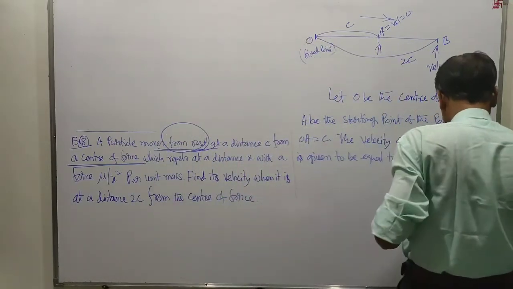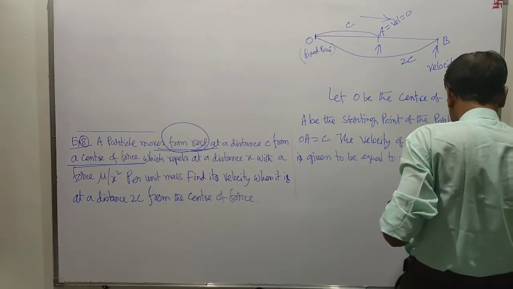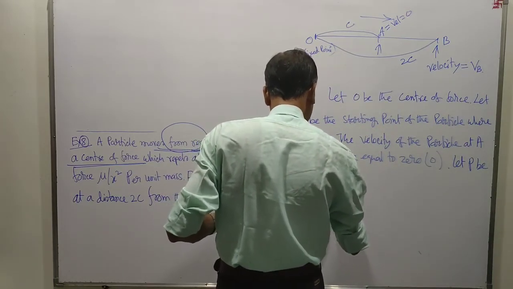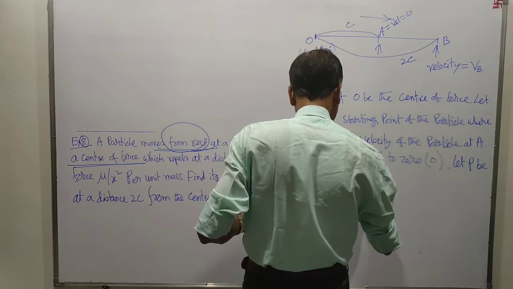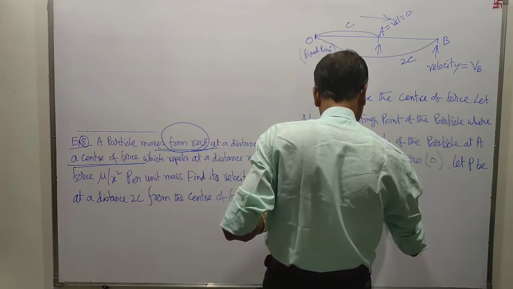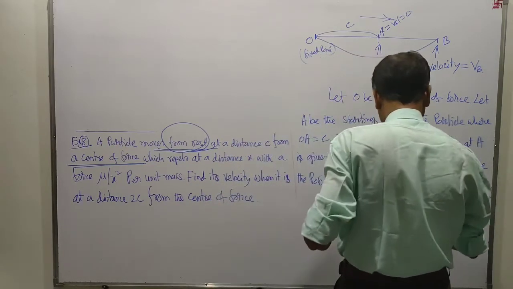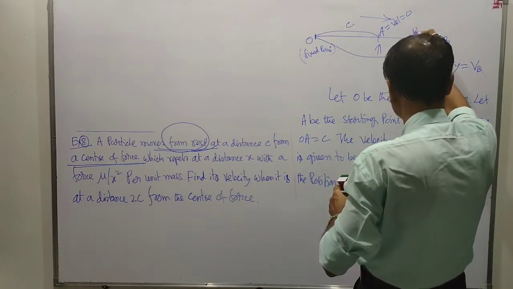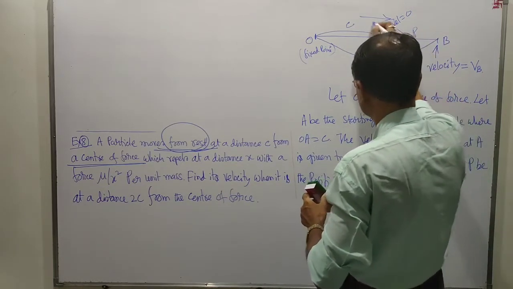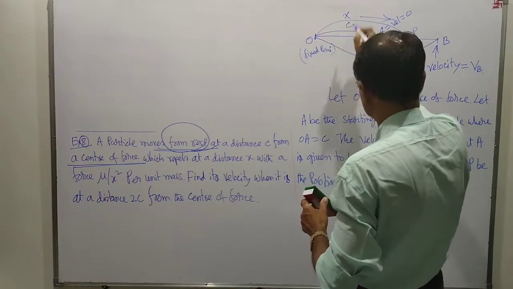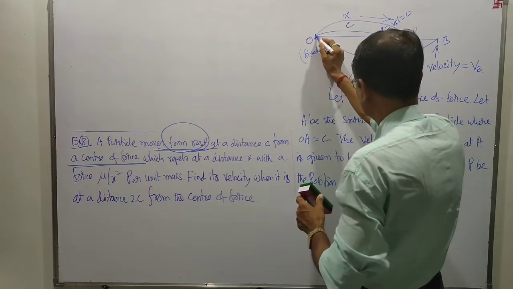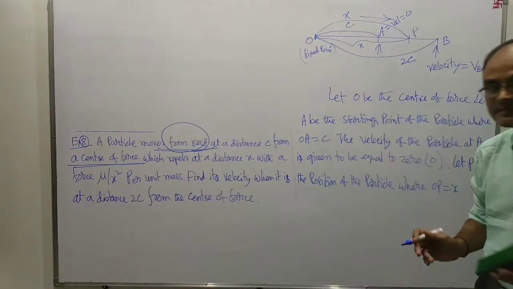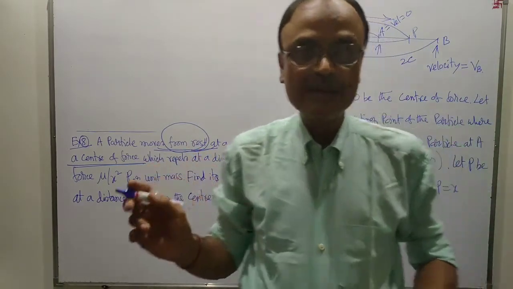Let P be the position of the particle, where OP equal to x. Suppose P be the position of the particle, the distance OP equal to x. From here to here, this distance is equal to x.